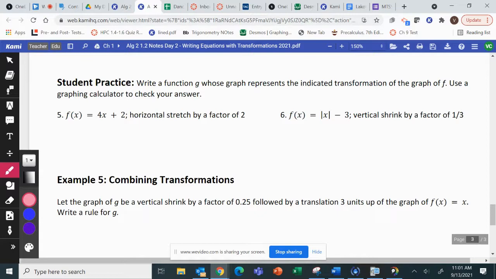Darren, what's the stretch for the first one? Should it be a 2?